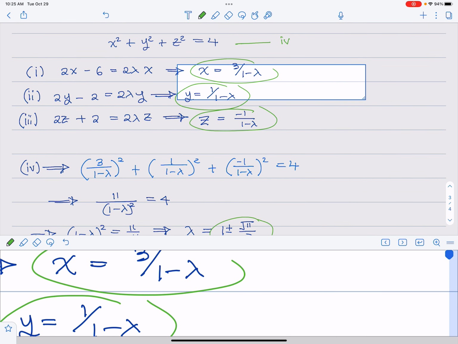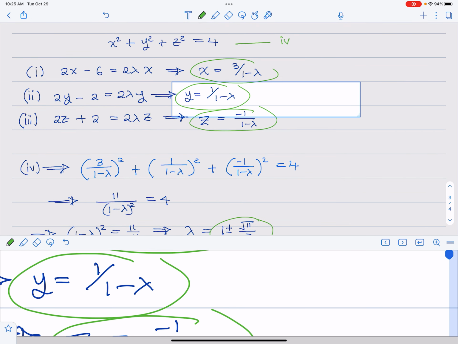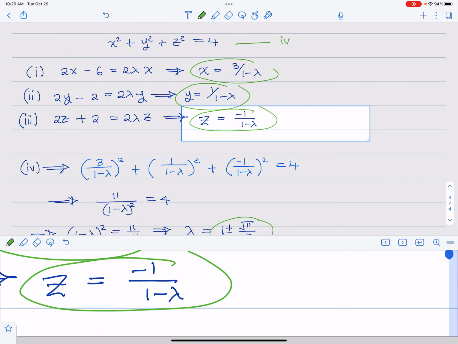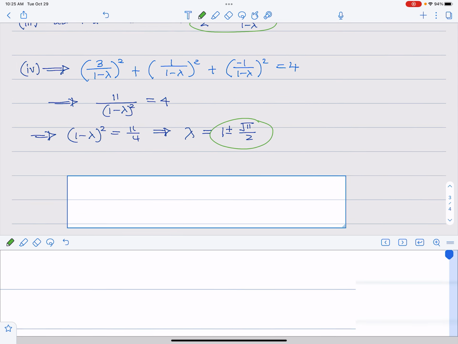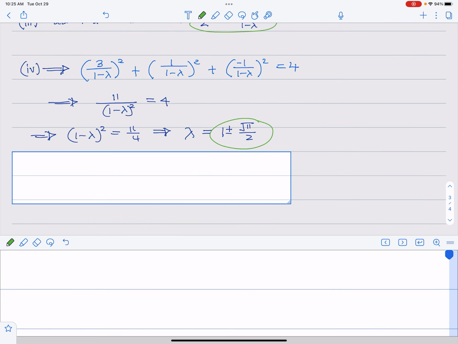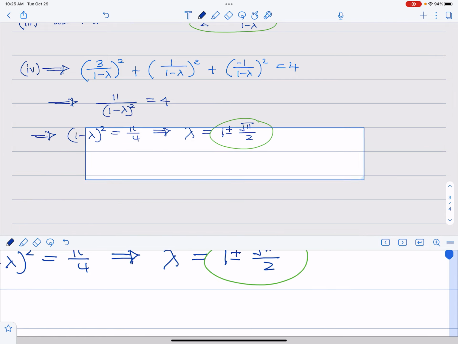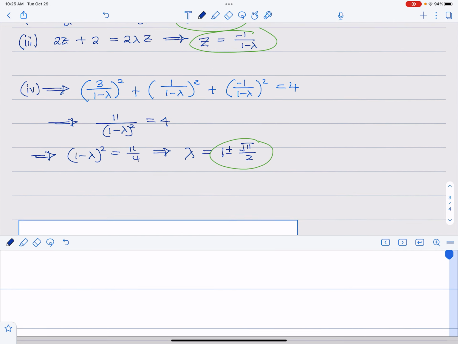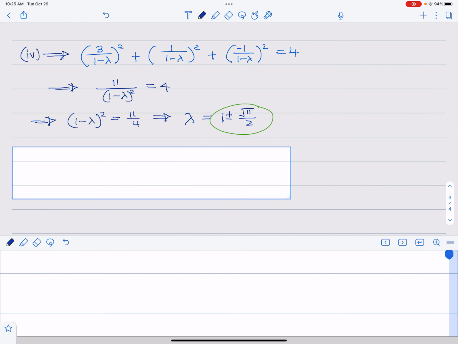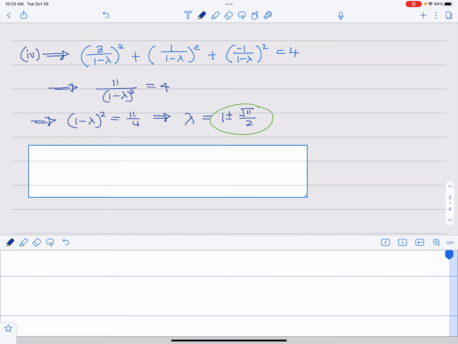Why? Because this is a value of x, a value of y, and a value of z. So we have two points. If you plug in these values for x, y, and z, you will get two different values.